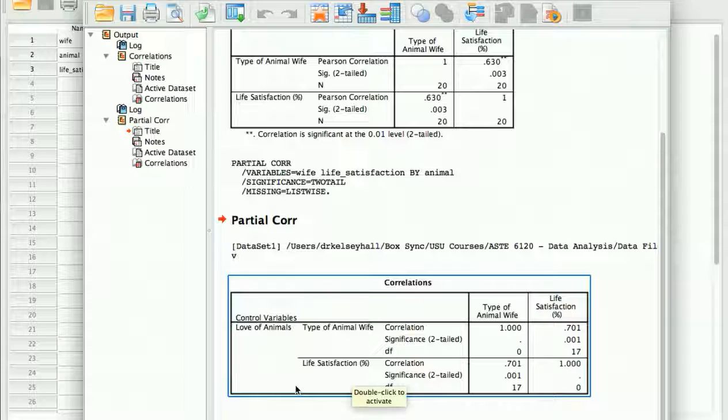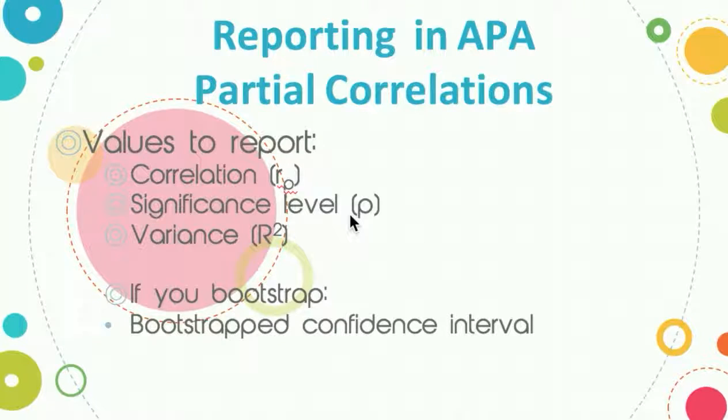So let's take a look at how this is with writing it in APA style. Now I'm going to talk you through how to report all of the data we just saw in our output in an APA style write-up. So we need to look at the correlation coefficient, which is our little r for partial correlation, your significance level, and your variance.